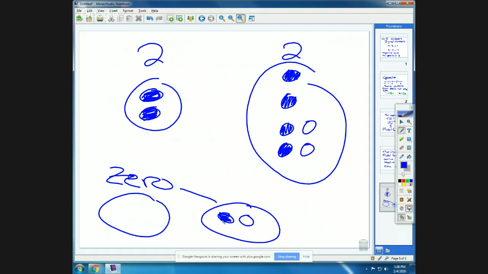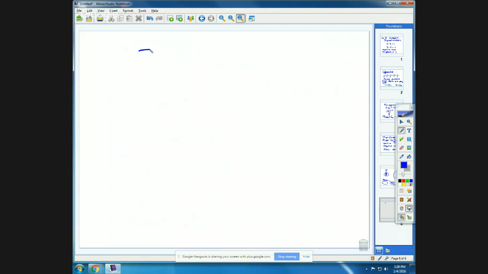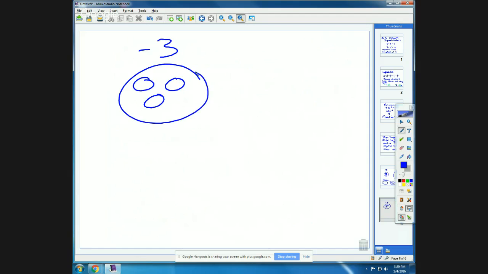So just for fun, on your paper, show -3 in 2 different ways. Two different ways? Yeah. Let's see.